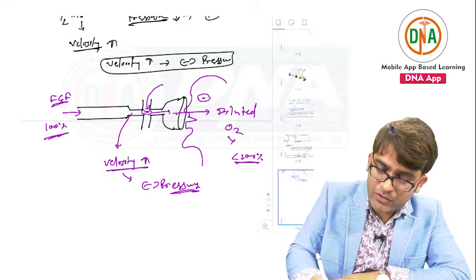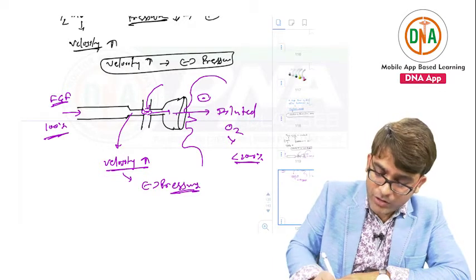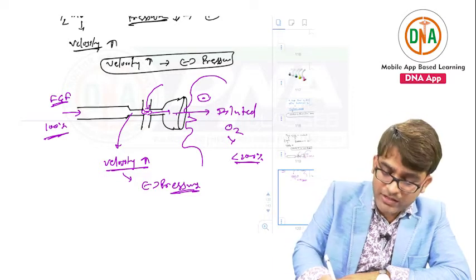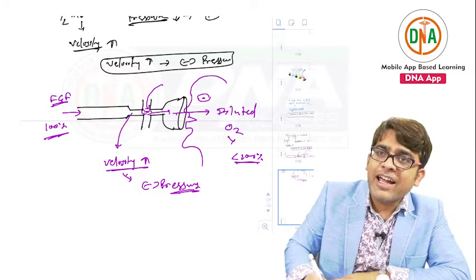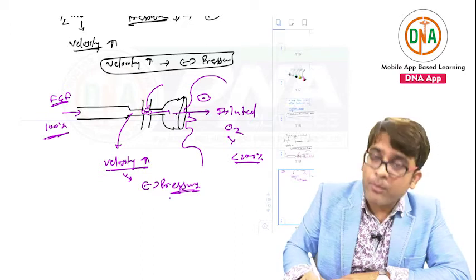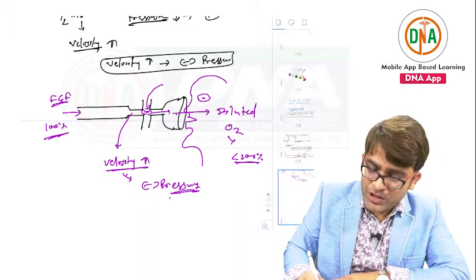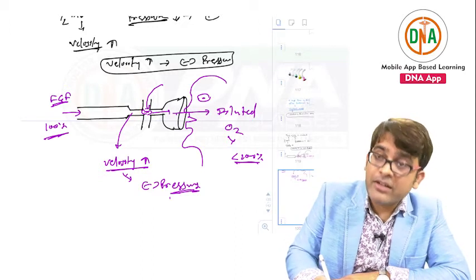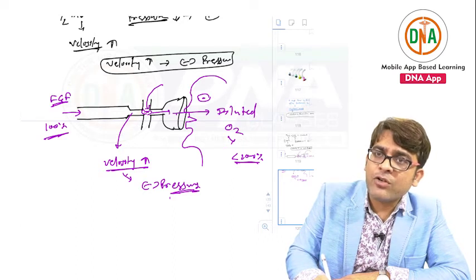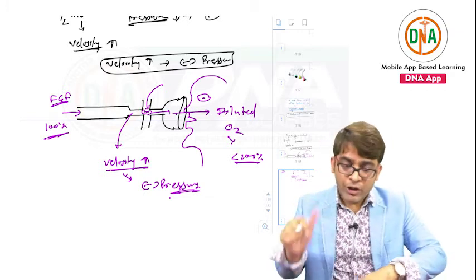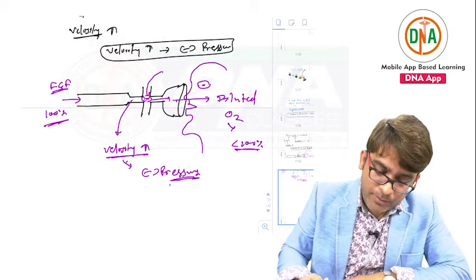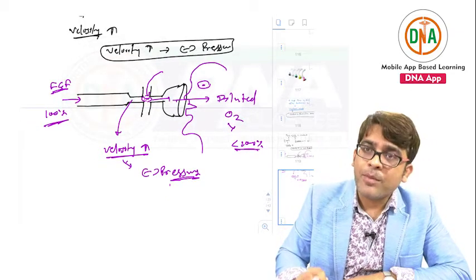Why? Because of the dilution. And why does it occur? Because of the Venturi principle. Because you create a constriction, velocity increases, and when velocity increases, pressure gets negative. When pressure gets negative, this phase gas flow is diluted with the atmospheric air. Getting my point? So this is the principle of the Venturi mask.